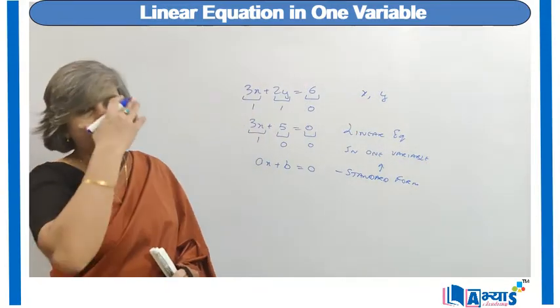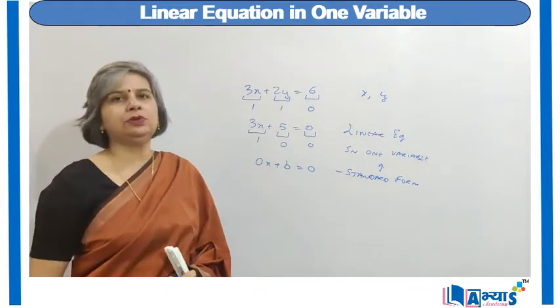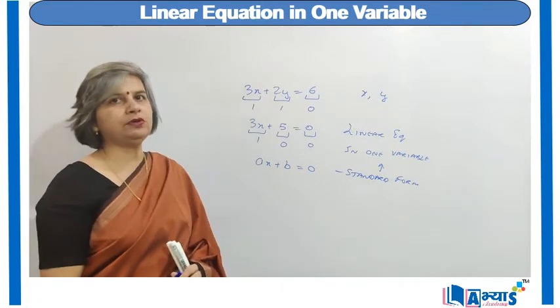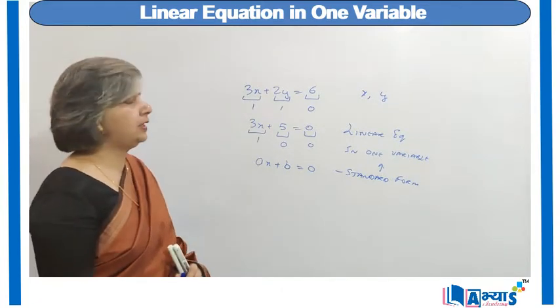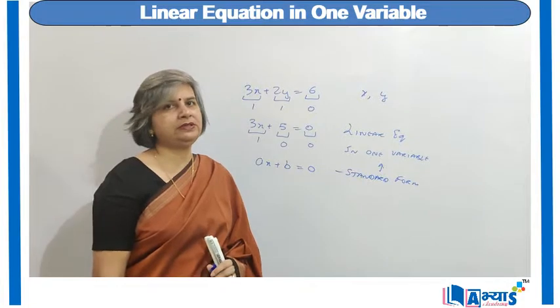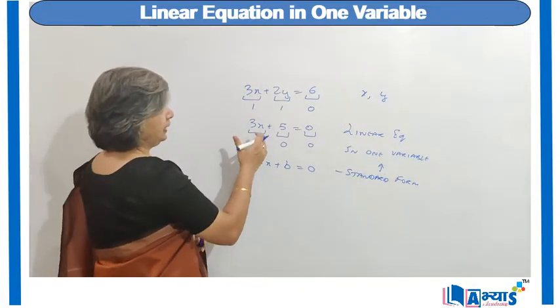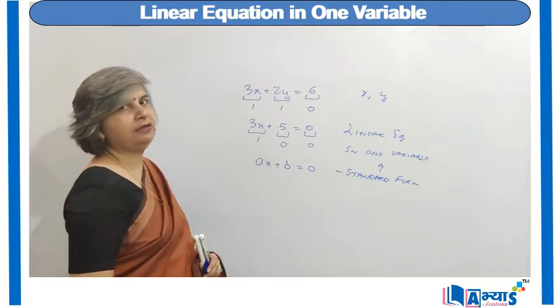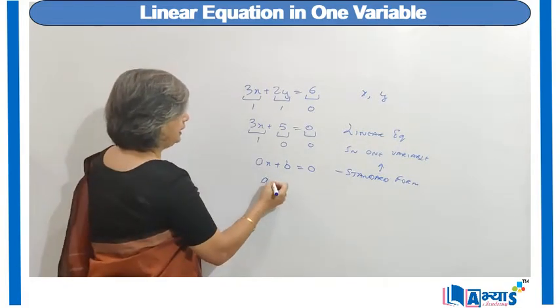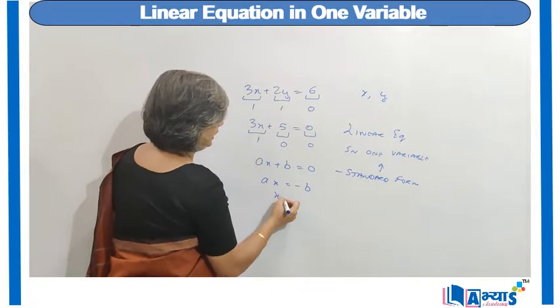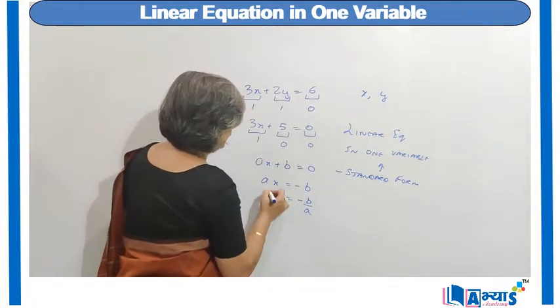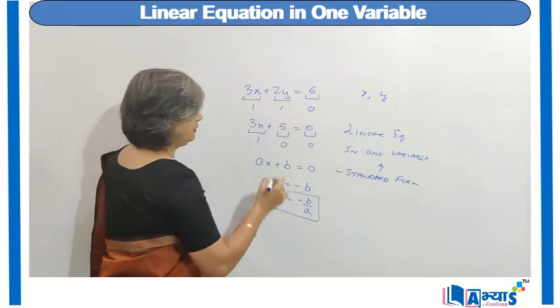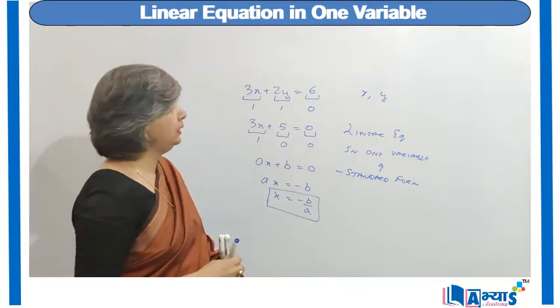Now when the standard form is ax plus b is equal to 0, and if I want to find the solution of this linear equation, it will be that value of x which satisfies the equation. For example, if I take ax plus b as the standard form, so if I try to find the value of x, it will be ax will be equal to minus b, or x will be equal to minus b by a. So x is equal to minus b by a is the solution of the linear equation in one variable.